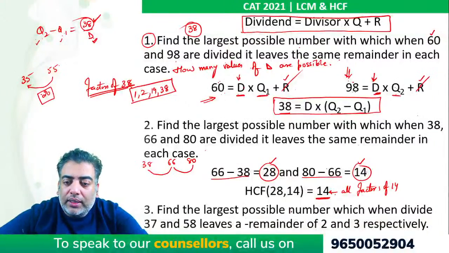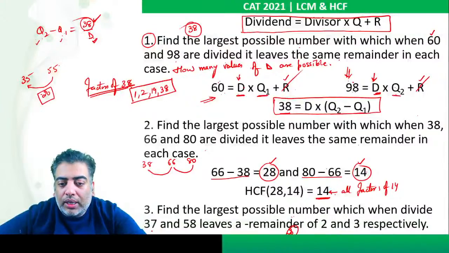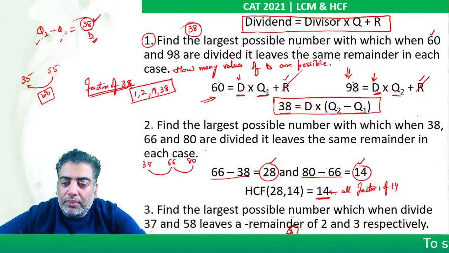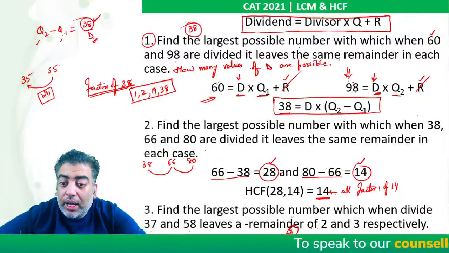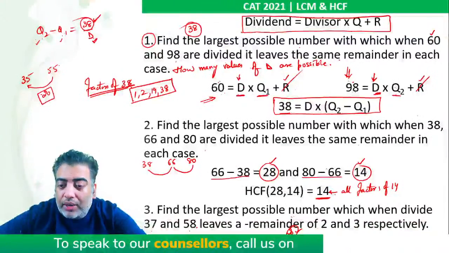So 20 is the largest possible number which when divides 37 and 58 leaves a remainder of 2 and 3 respectively. But we need to check whether 20 is actually giving those remainders or not.